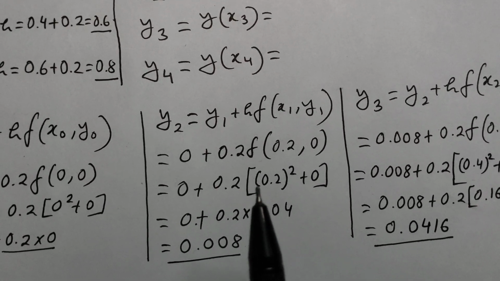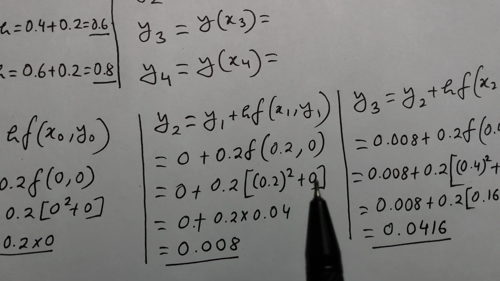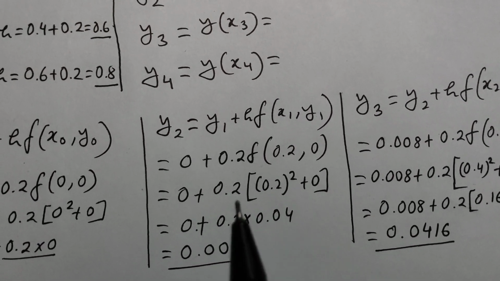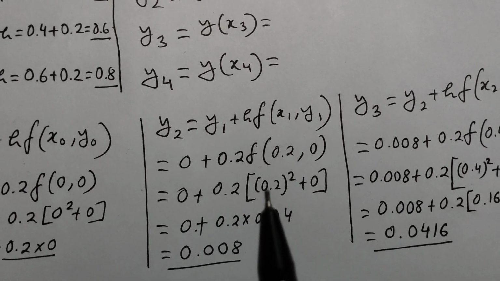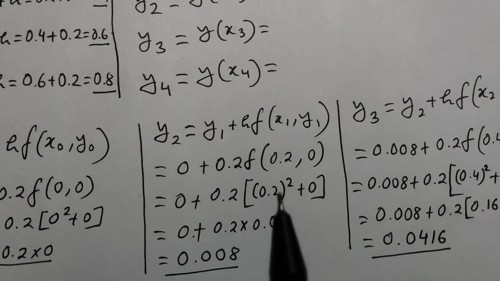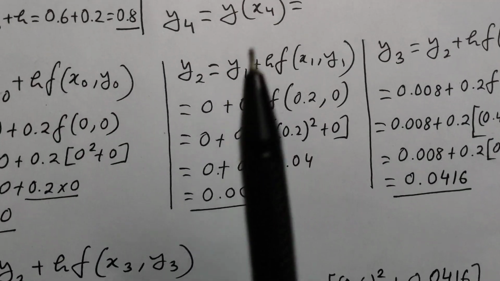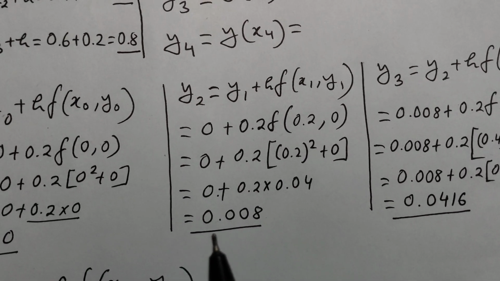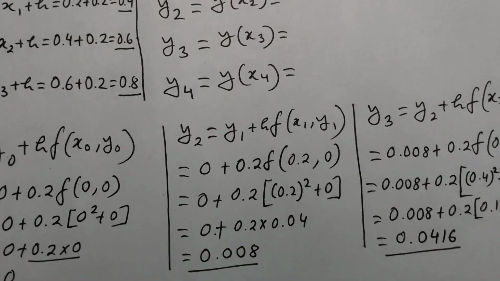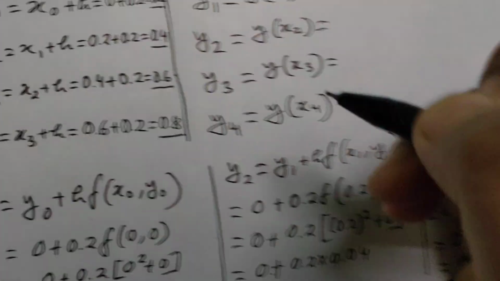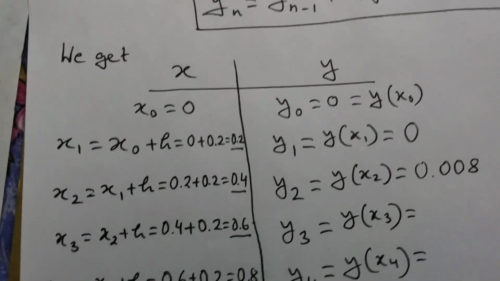So by this way, x1 squared plus y1, y1 is 0, h is 0.2 and x1 equals 0.2, we have already got from here, right? So after calculation it will be 0.008. So put the value over here, 0.008, right?